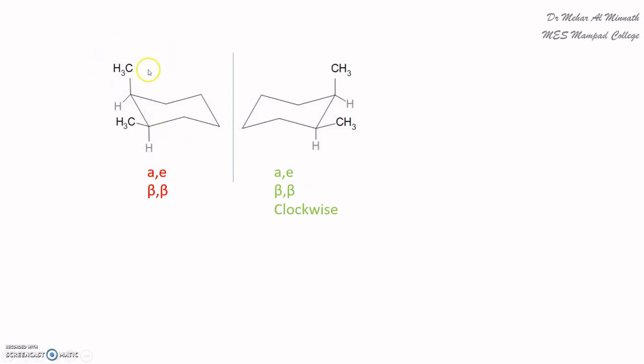But when you move from the axial substituent to the equatorial substituent, you are going in the anti-clockwise direction. See here, you're going 7, 1, 2 in the anti-clockwise direction. So since you are moving this way, we can say that they are non-superimposable mirror images. That's one of the shortcuts of identifying whether the mirror images of cyclohexane conformers are superimposable or not.